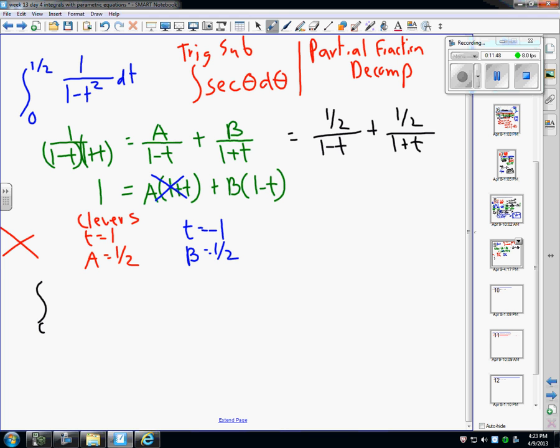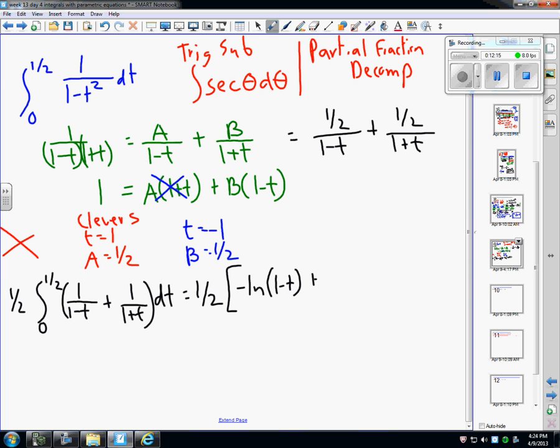So we're going to integrate again from 0 to 1/2. I'm going to pull the 1/2 all the way out. We got 1 over 1 minus t plus 1 over 1 plus t dt. Okay. This is 1/2. Here comes lots of natural logs. 1/2. Let's see. The first guy I'm off by a negative, so negative natural log of 1 minus t plus natural log of 1 plus t, evaluated from 0 to 1/2.